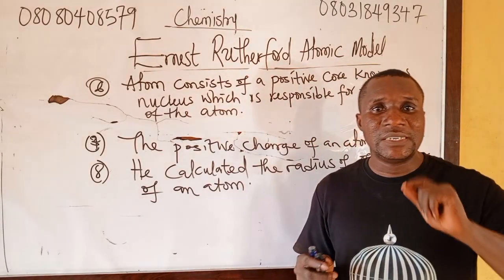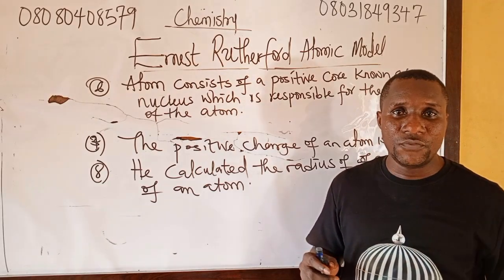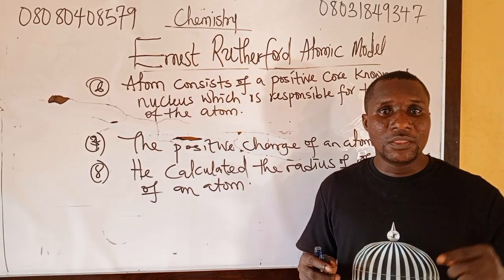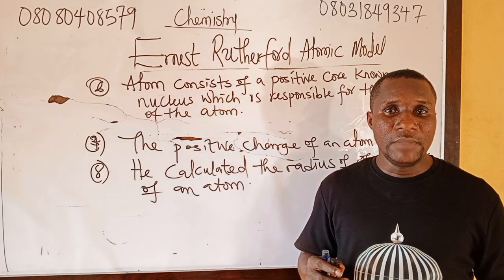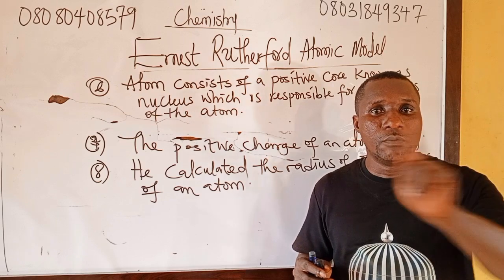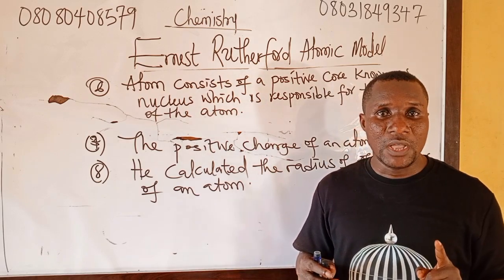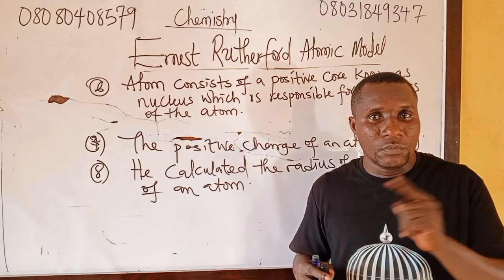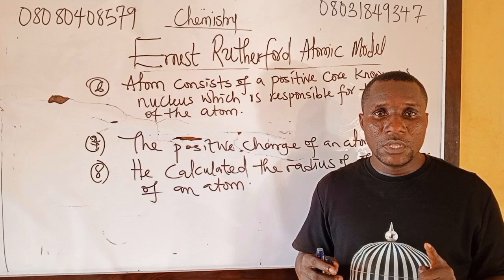The first man that explained the structure of an atom, Ernest Rutherford. He used alpha scattering experiment. That means the alpha produced helium nucleus or helium nuclei, which is plural. Not helium atom, helium nucleus. Take note of that.